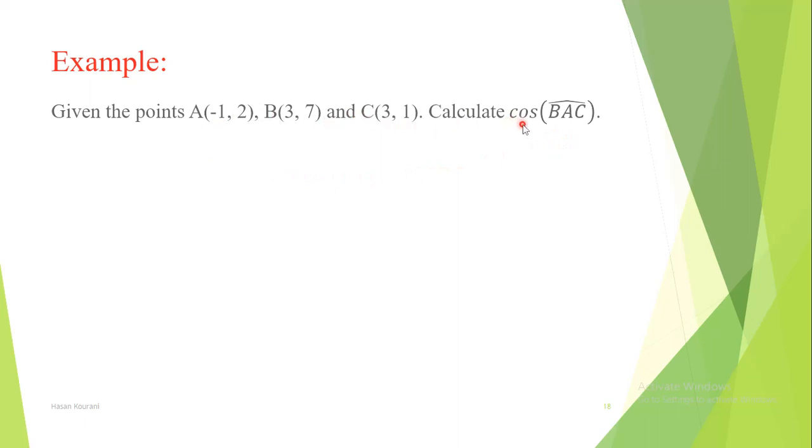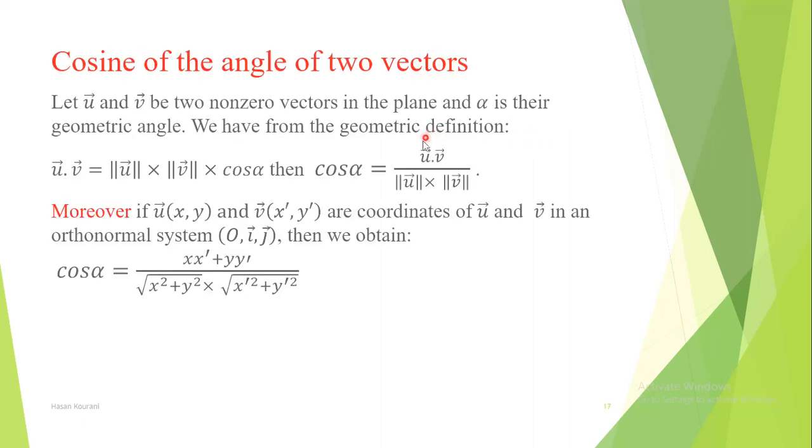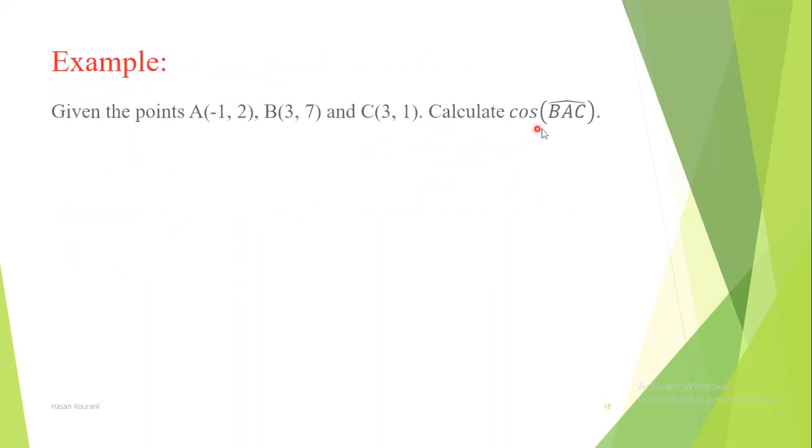As we saw before, the cosine of an angle is the scalar product of vectors over the magnitude of one times the magnitude of the other. Your mission is to find the suitable vectors required to calculate cosine BAC. Which vectors are suitable in this case?